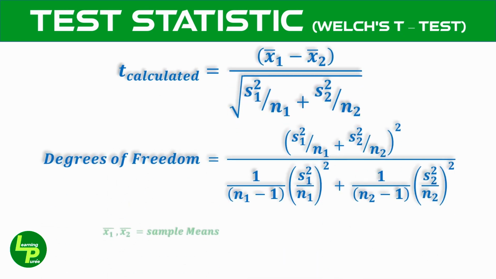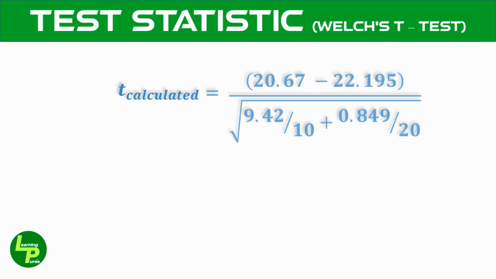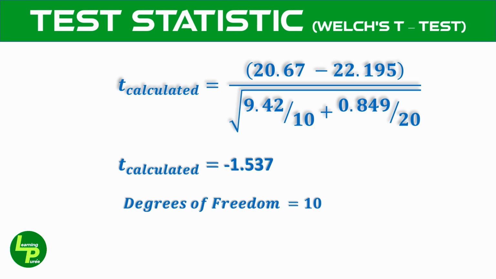Fast forwarding ourselves through the calculations, substituting the values in the equation for Welch's test, we get a calculated t-statistic value of minus 1.537. Again, for a two-tailed test, the t-statistic values are plus minus 1.537, with the corresponding degrees of freedom equal to 10.